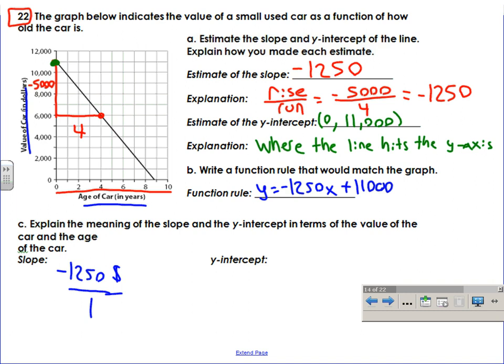The x-axis is measuring years, every 1 year. So what that means in a sentence is the value of the car decreases by $1,250 each year.